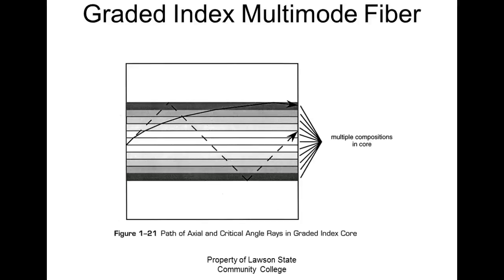So what happens is that when the light moves through here, it bends a little bit as it goes through each layer. And then it hits the cladding, and then it'll start moving back through. And then it'll do like that, which is really, really neat. We call this graded index.